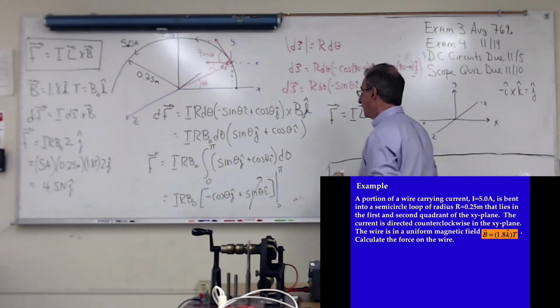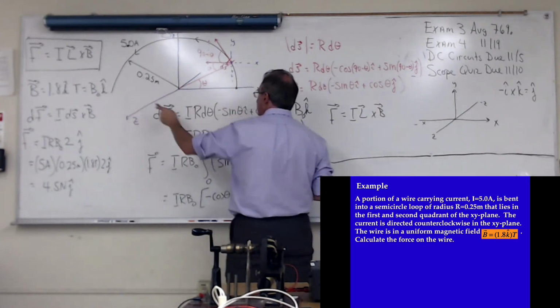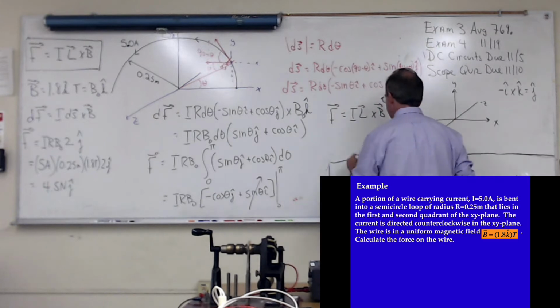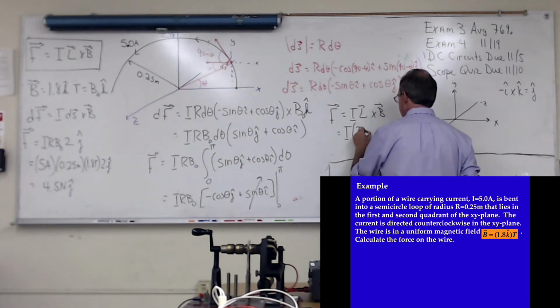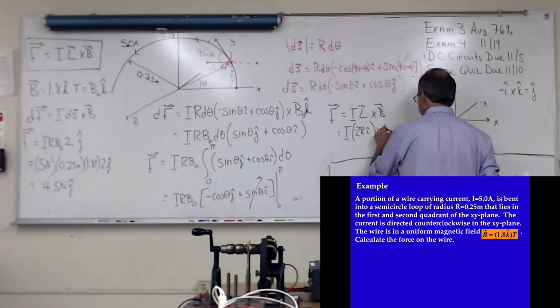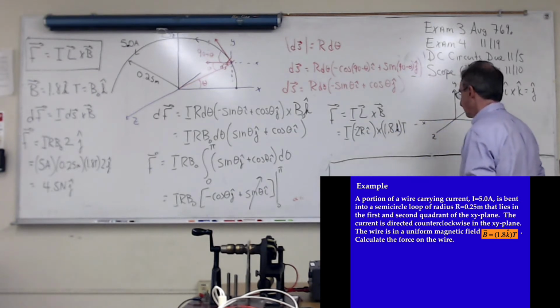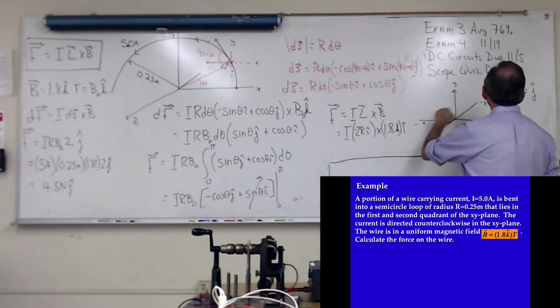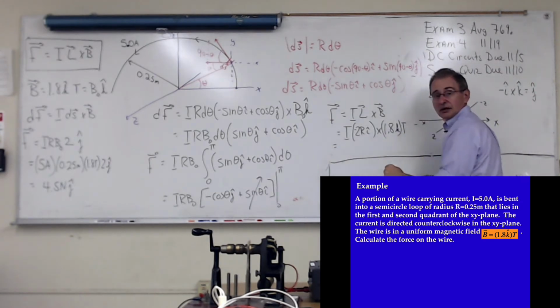So L is the vector that goes from here to here. L points in a negative I hat direction. We already said minus I cross K is J. Can you still see?